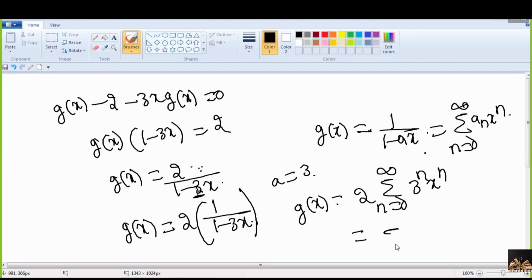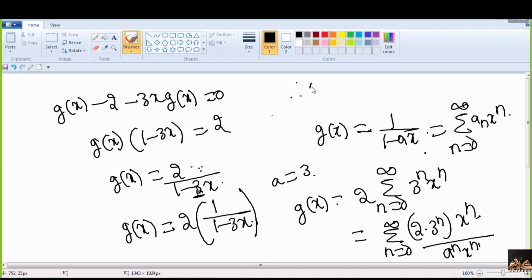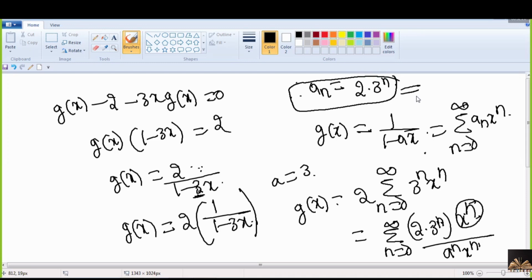It can be written as summation of n equal to 0 to infinity 2 into 3 power n into x power n. Now it is in the form of a n into x power n. What is the general solution? The solution a n is equivalent to what? The coefficient of the nth power term. So here what is the coefficient? 2 into 3 power n. So the solution for the given recurrence relation using the generating function is 2 into 3 power n.